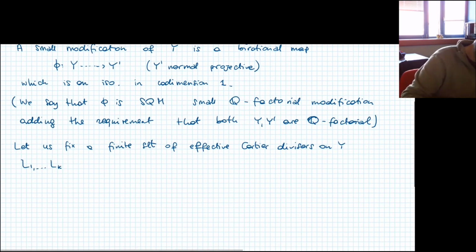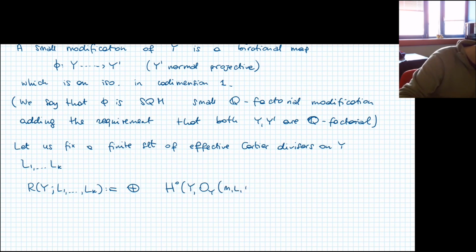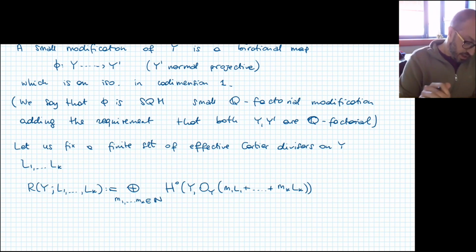And then we can define this multi-graded ring, R of Y, L1 through LK, that takes all the possible combinations of such divisors and all the possible global sections associated to the combination. This is a multi-graded C algebra.